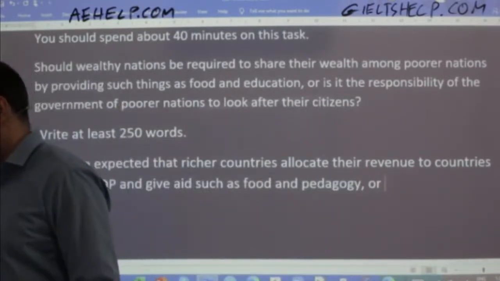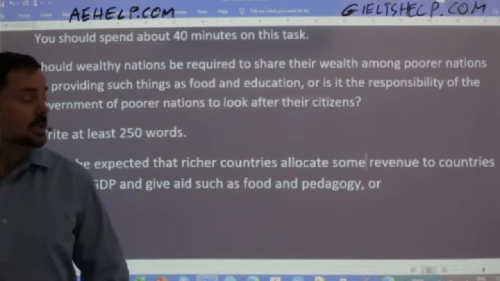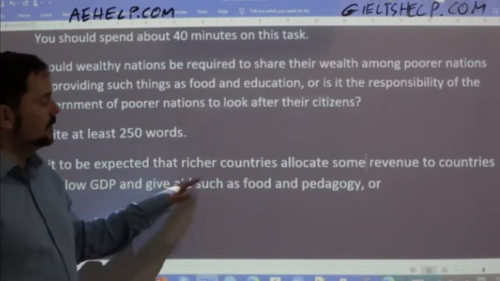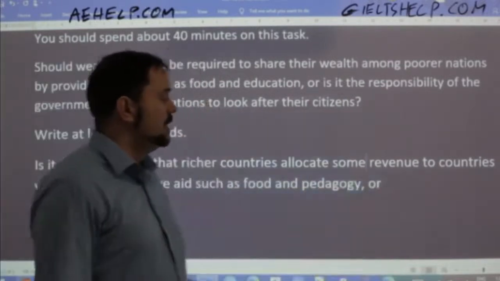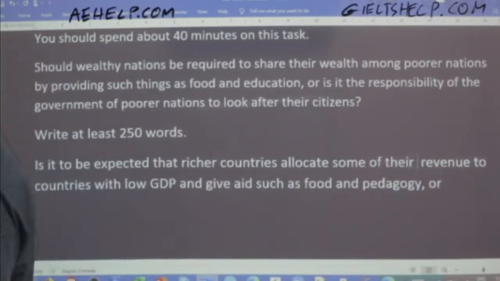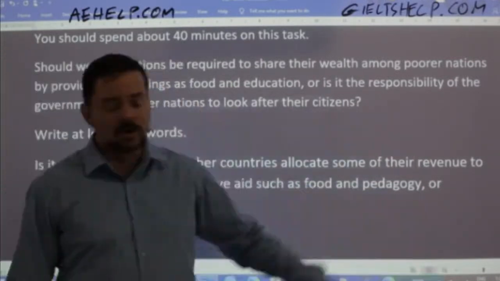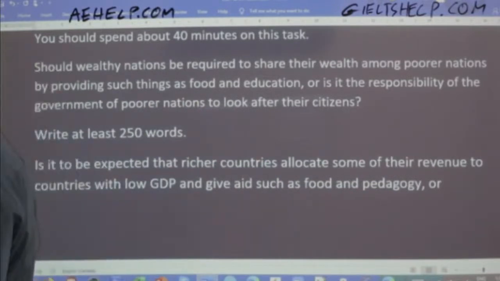It's a good idea to review and revise your paraphrasing. Okay, some is a bit more accurate here. So is it to be expected that richer countries allocate some of their revenue to countries with low GDP and give aid such as food and pedagogy? Pedagogy is another way to say education.